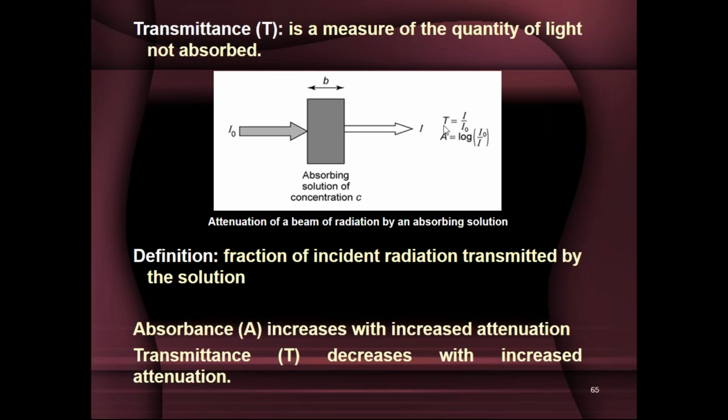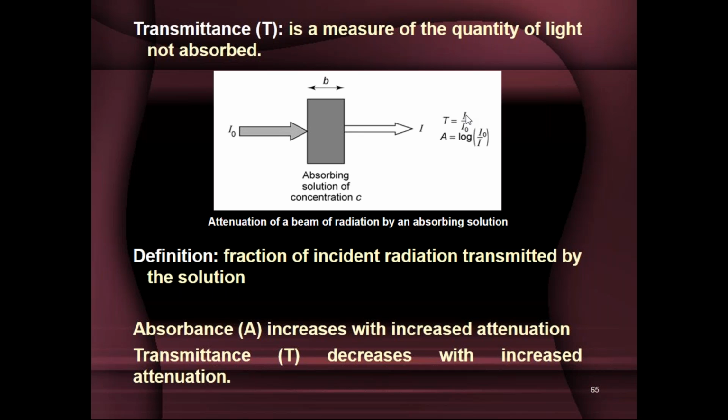So transmittance, the intensity of transmitted radiation, T, or transmittance T, equals I by I0. What is I? I is the intensity of transmitted radiation and I0 is the intensity of incident radiation.